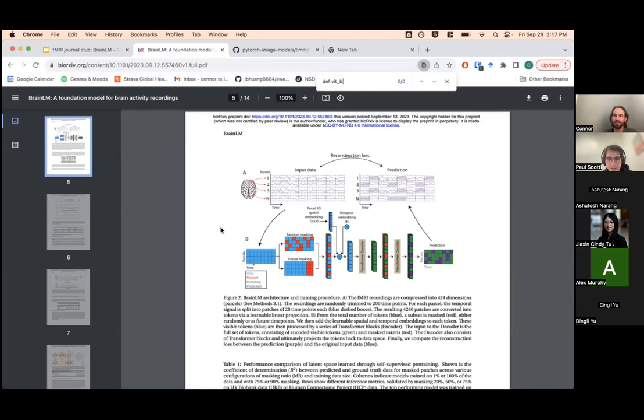You just put them in the scanner, have them fixate in the center of the screen, and then show images one at a time. I see. So what is the frequency of the image switching? It depends. The natural scenes dataset that we've been talking about and using is 3 seconds on, 1 second off.